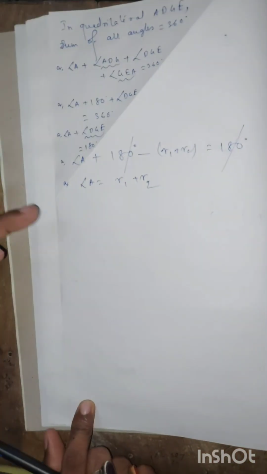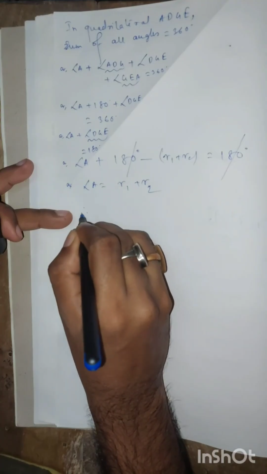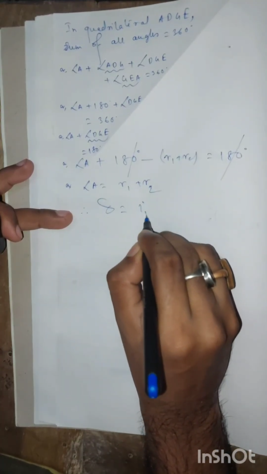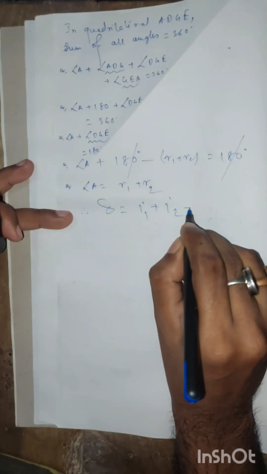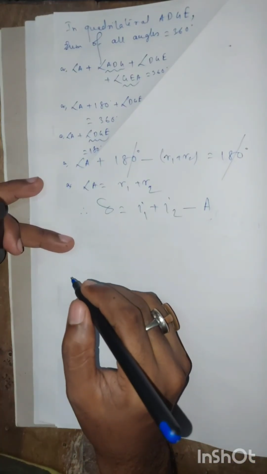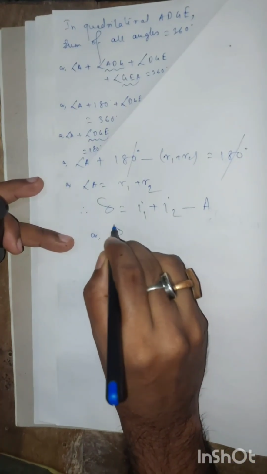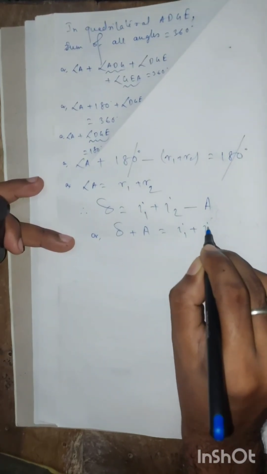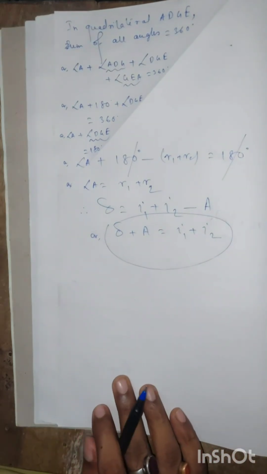Therefore delta equal to I1 plus I2 minus angle A, or delta plus angle A is equal to I1 plus I2. So this is what we are getting.